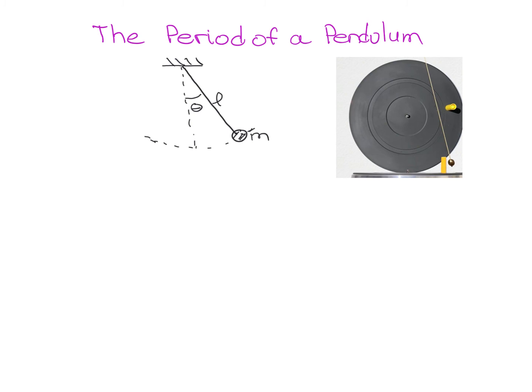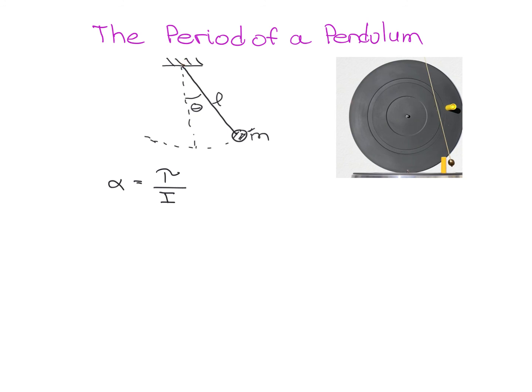What N2 says is that the angular acceleration of the pendulum is just given by the ratio of the torque on the pendulum to its rotational inertia. And what's the torque on the pendulum? Again, when you talk about torque, you have to say what you're measuring it with respect to.